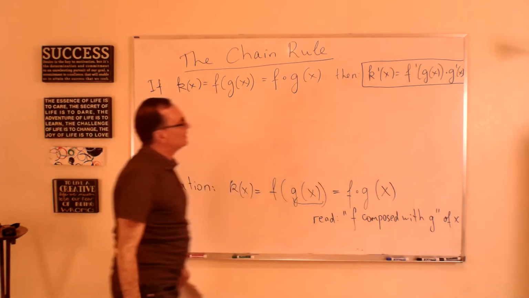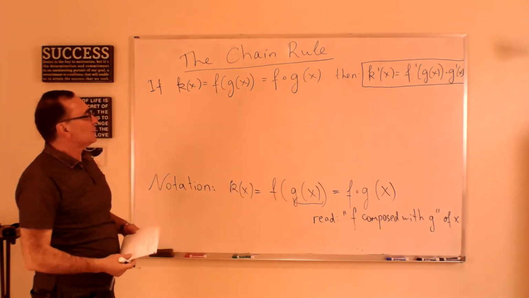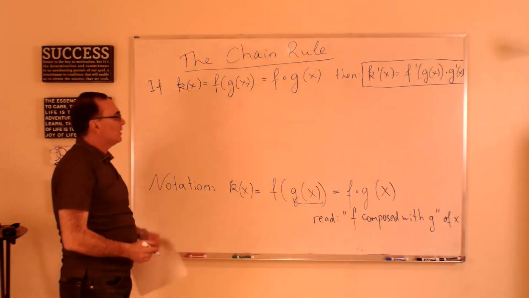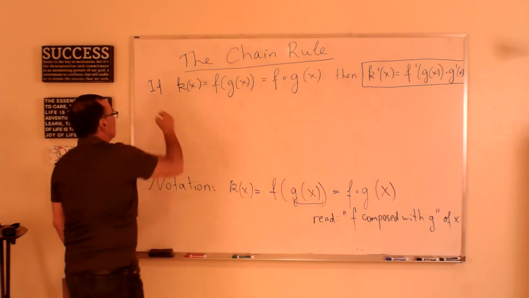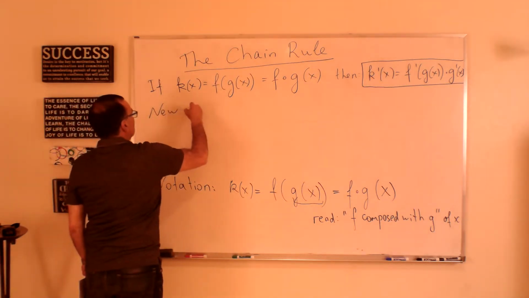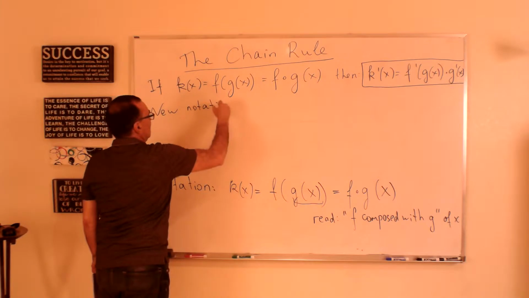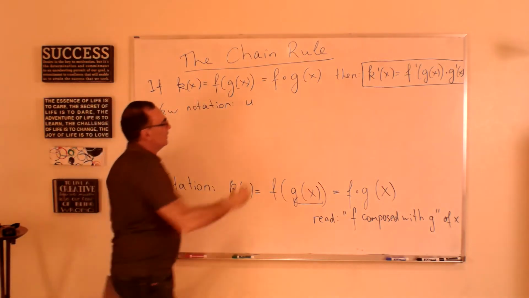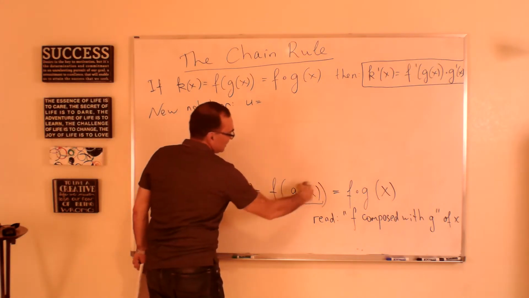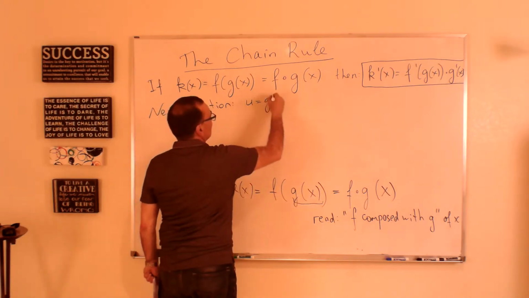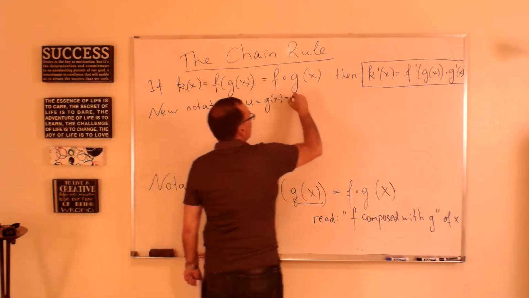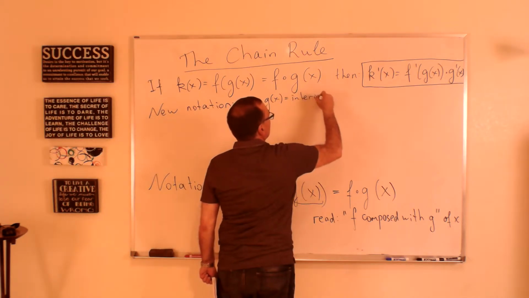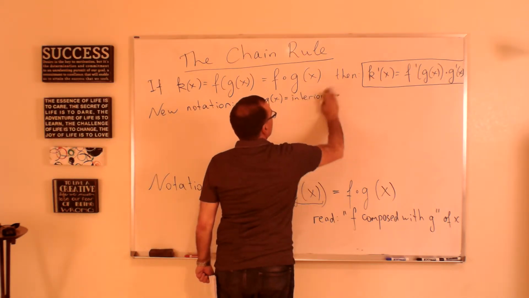And the way it is written, it's quite difficult to memorize. So in order to make it easier to memorize, we can introduce new notation. We will throw in a new letter u, and this new letter will mean exactly the portion that sits inside, g of x, which I want to call the interior function.